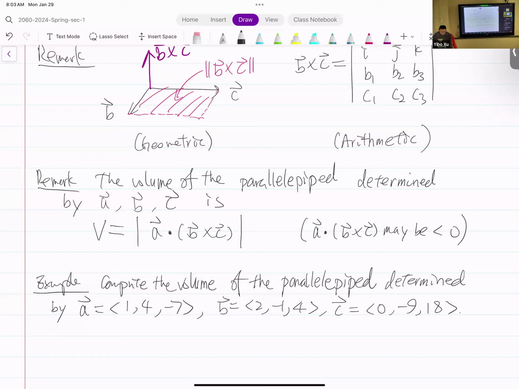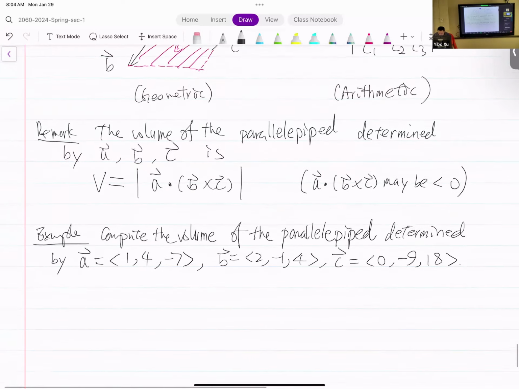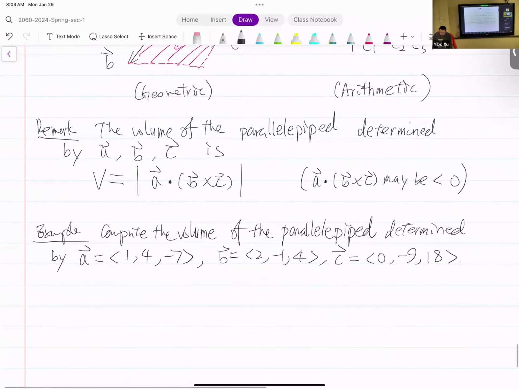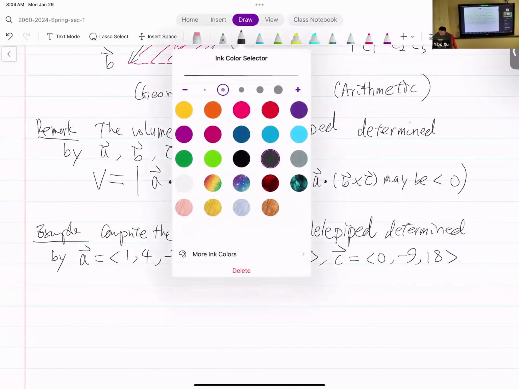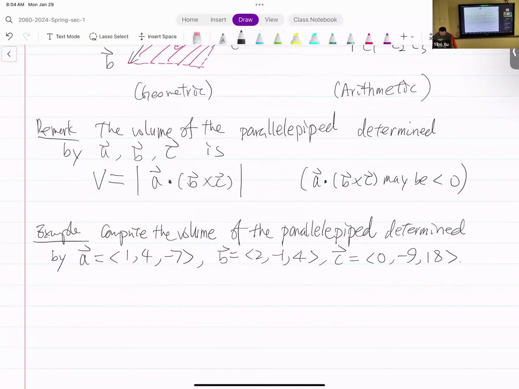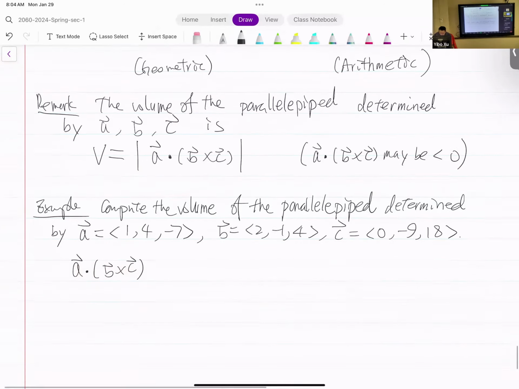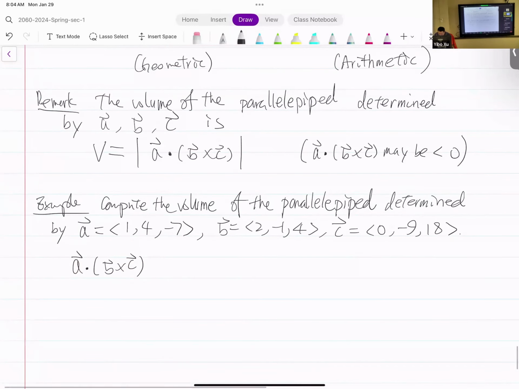Okay, so how do we calculate the volume? So we just utilize the formula above, but we want to make sure, so we basically calculate A dotted with B cross C first. Okay? So A dotted with B cross C. And then we know, for the cross product, we just put that in the order 3 determinant form.